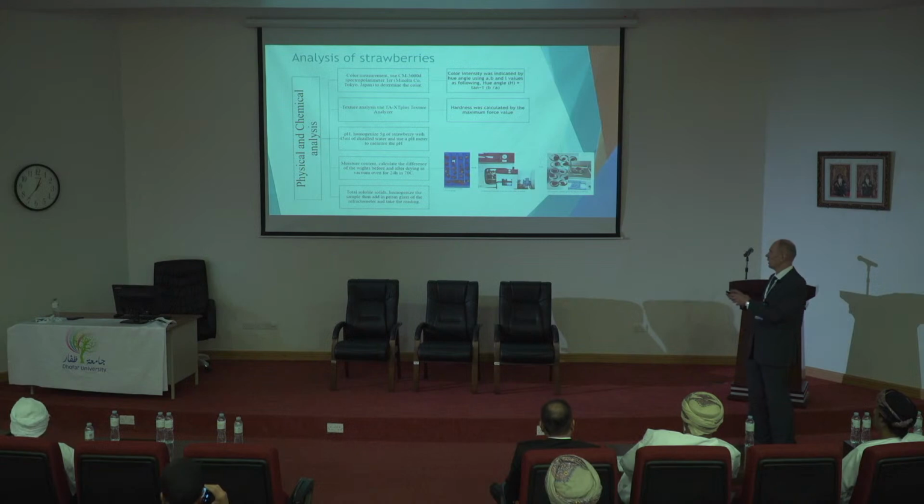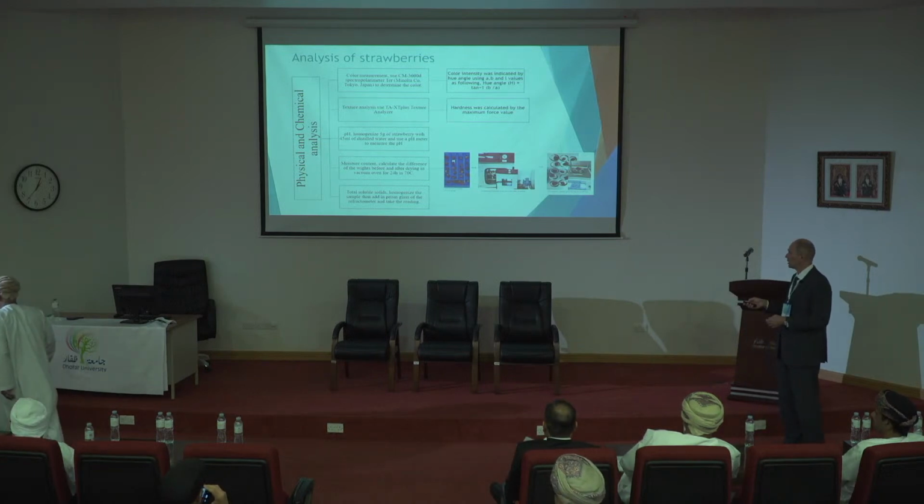For moisture content, this is the long procedure. We take strawberries, weigh them before drying, then dry them at constant temperature, and after that we weigh them again. The difference gives us the moisture content. And for total soluble solids, we homogenize, and then we use a refractometer.